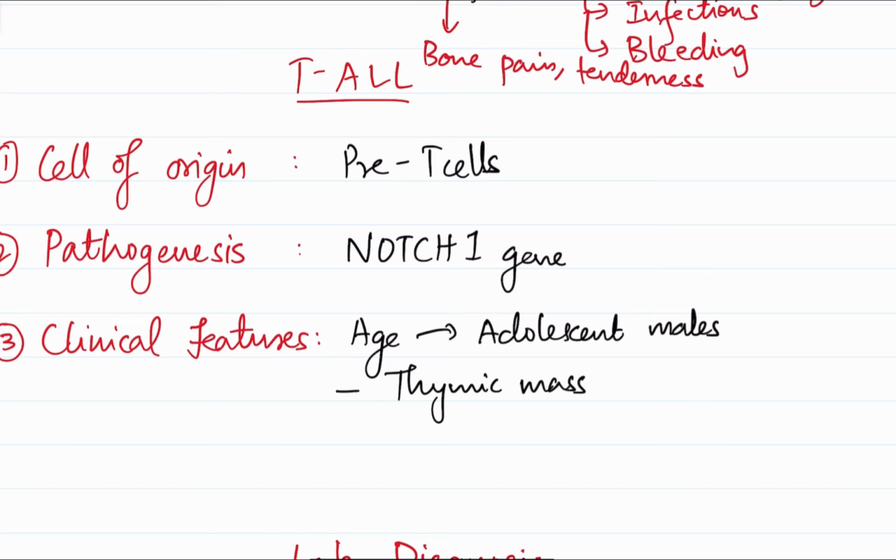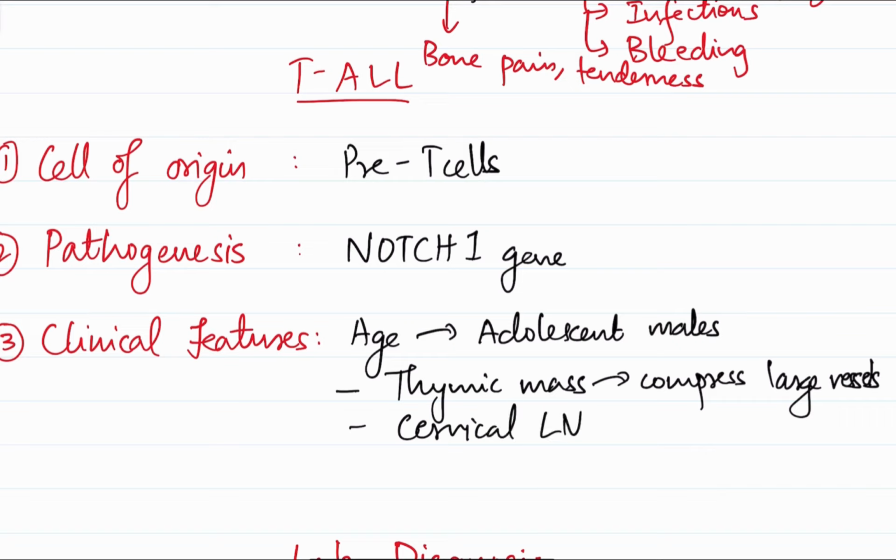There will be a mediastinal thymic mass. This mediastinal thymic mass may compress the large vessels and come with features of compression. And the other features include cervical lymphadenopathy, when the cervical nodes are involved. Then there is hepatosplenomegaly.